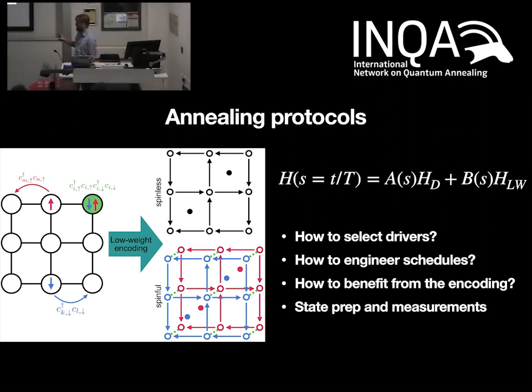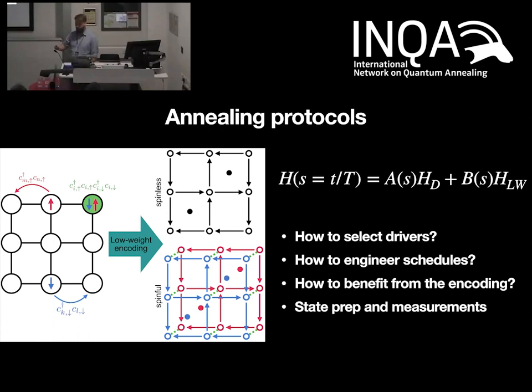Okay, so we've got our encoding. So now we only need to say what sort of annealing protocol is beneficial for solving these sorts of problems. And from the adiabatic theorem, we know that if we evolve slowly enough, we will end up in the ground state. But here comes the catch in these systems. Our encoded Hamiltonian, because it's living in a larger Hilbert space, doesn't have a ground state that is a logical state.